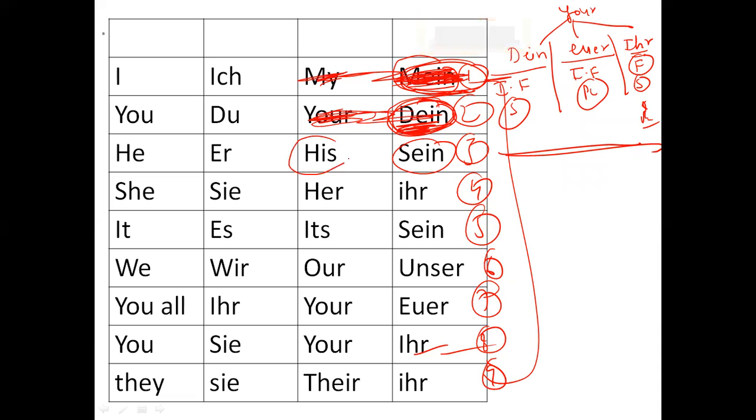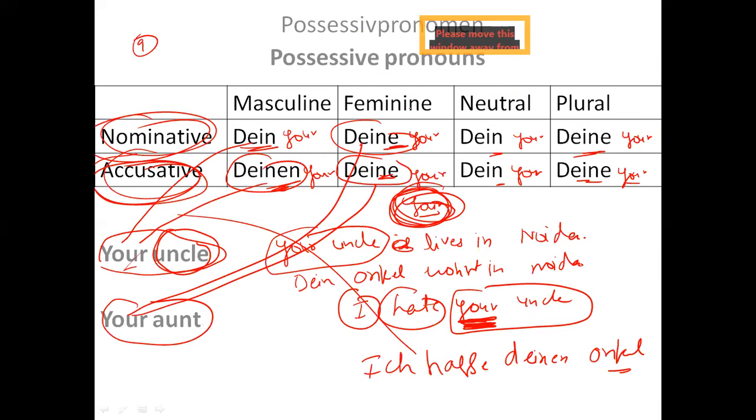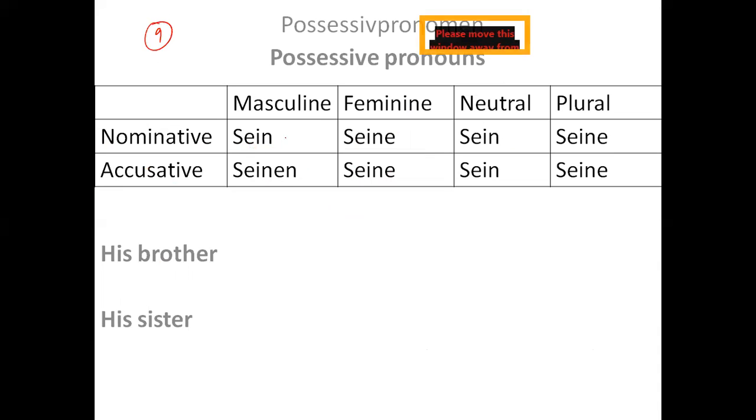Now we are talking about the third table. Sein. What does it mean? His. All the words in this table give you the same meaning: his. Difference you already know, like masculine, feminine, neutral, and plural, nominative and accusative.